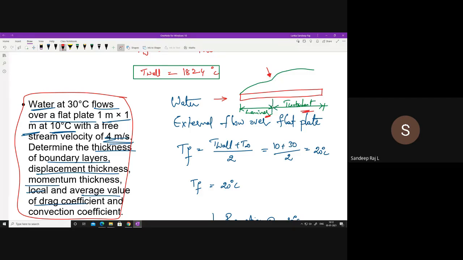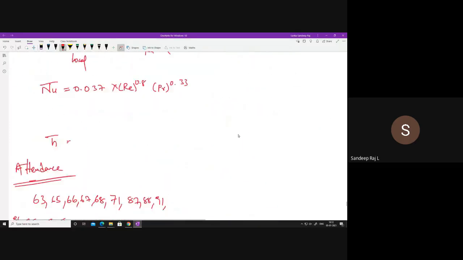So kindly tell me where is this point when the flow is turning laminar to turbulent. If you want to find it out, how do you find it out?